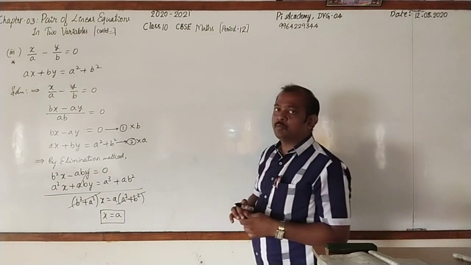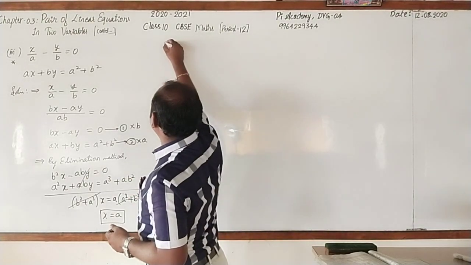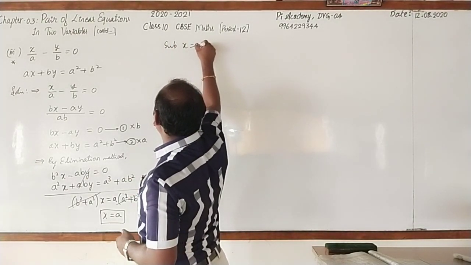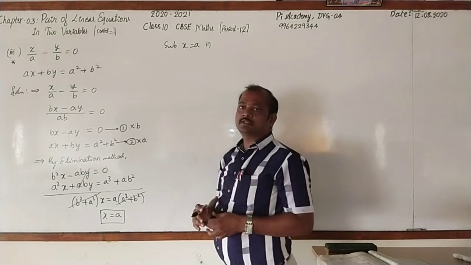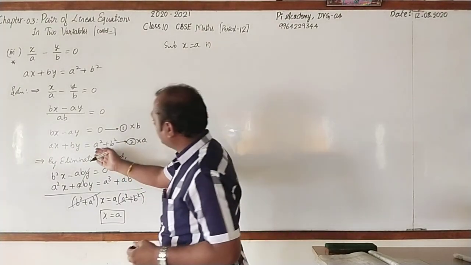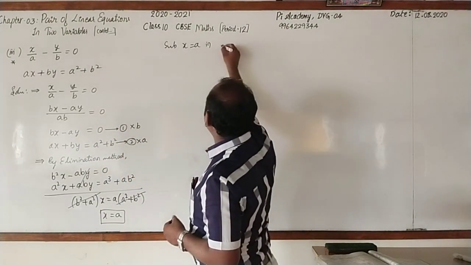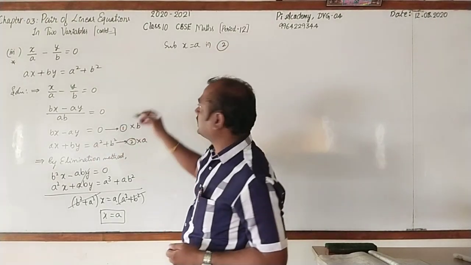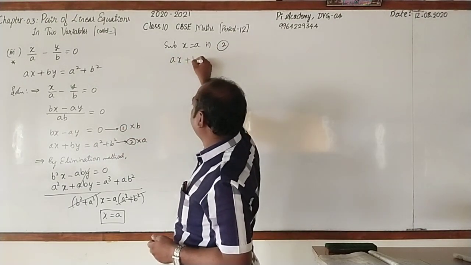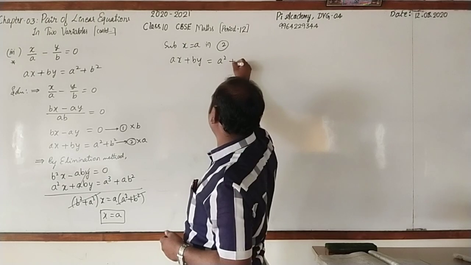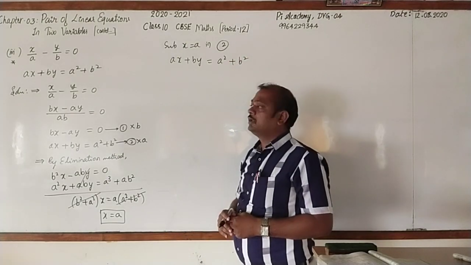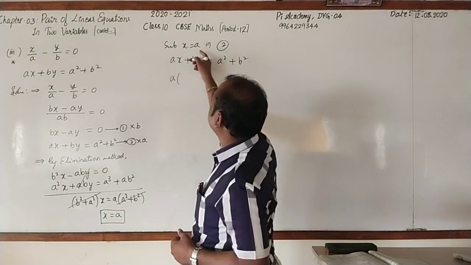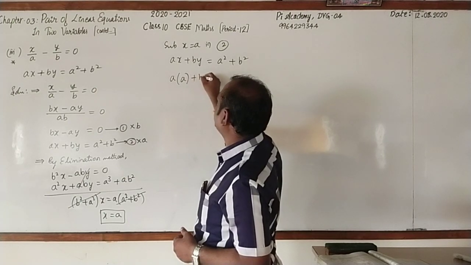Let's move on to finding y. How? By substituting x equal to a in any one of these two equations. Which one will you go for? Let us go for the second equation, where the second equation is ax plus by, which is equal to a square plus b square. Then a into what is x? It is a, plus by.